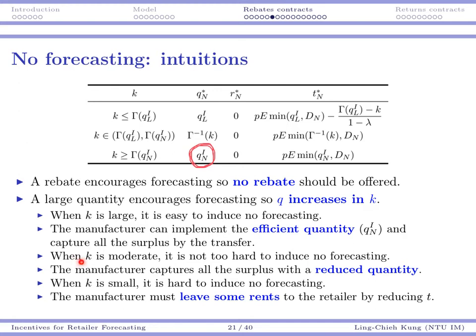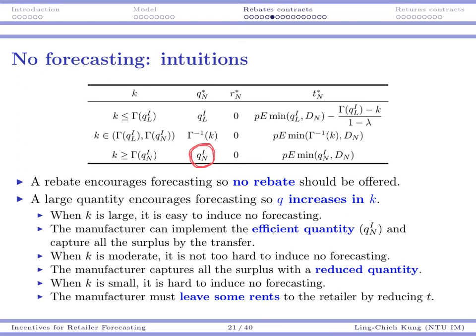If K is moderate, within this region, then it's still not very hard to induce no forecasting, but now the manufacturer needs to reduce the quantity. Why? K is moderate, so the retailer has some incentive to do forecasting.